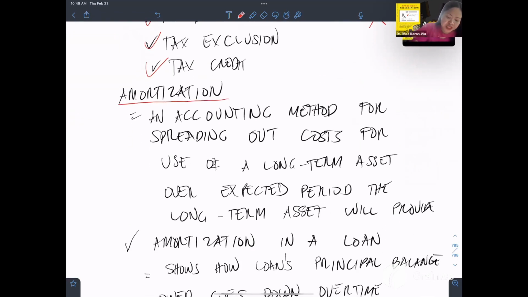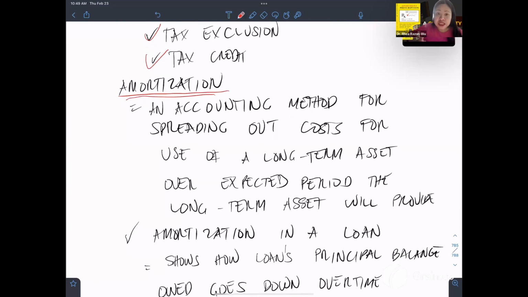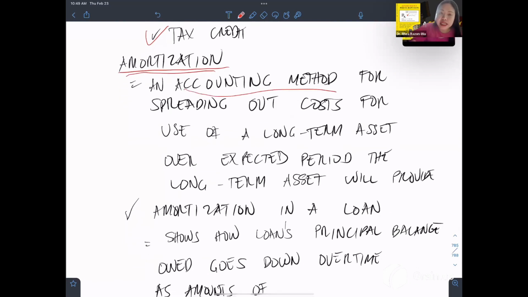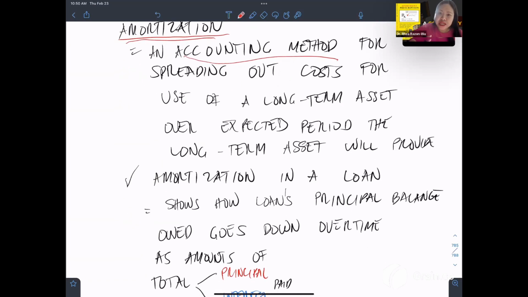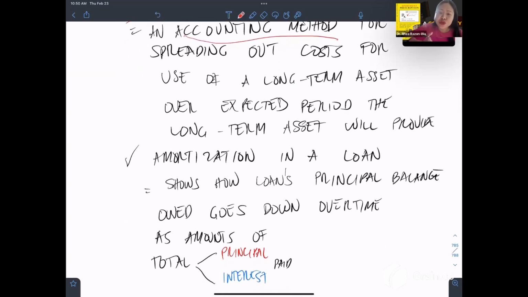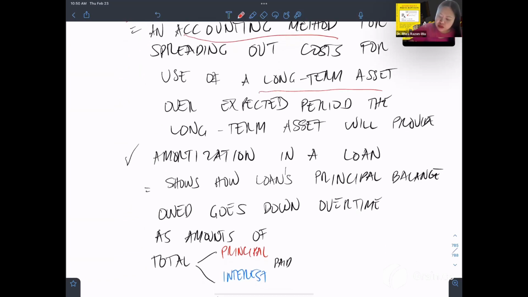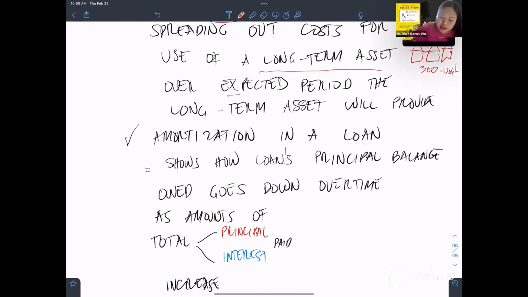Now, amortization. Amortization is an accounting method for spreading out the cost for use of a long-term asset. That means a home or properties, like in Robert's case, the 300 apartment units, over an expected period.